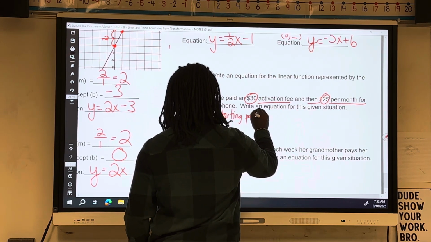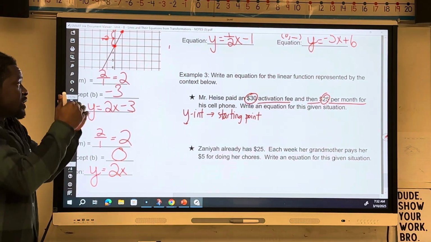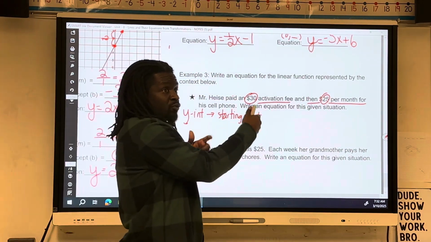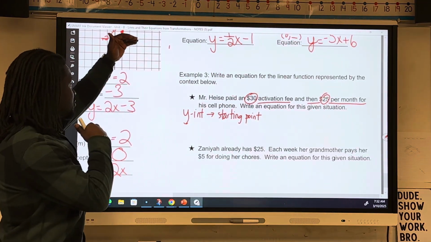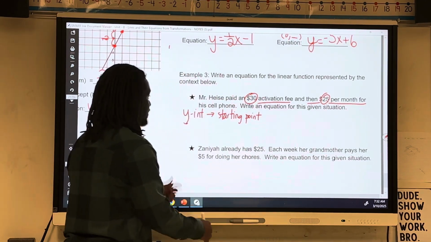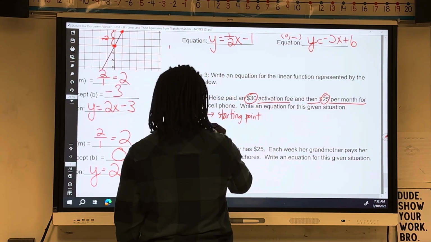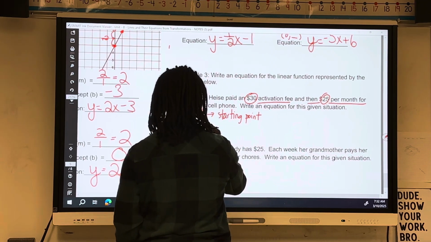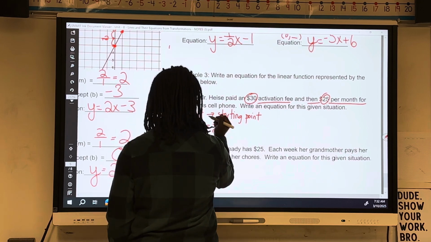All right, and here he has to pay $30, so that's how much money he's spending right off the bat. So before he has a phone, he has to spend the $30, so that is where our y-intercept is going to be, all right? So that is going to be the b, okay? So the $30, the b is the 30, okay?